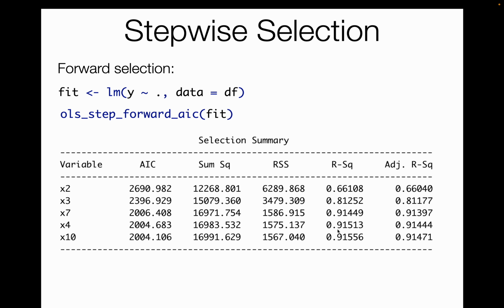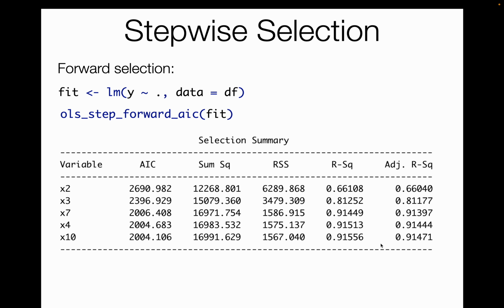So what does that look like? Here's forward, and it'll show you which variables it added. You can see in the output here, it added 2, then 3, then 7, then 4, then 10. Based on something like adjusted R squared, or really all of the values, you see AIC decreasing by a lot in the first couple, so 2690 down to 2390, down to 2006, 2004, and then added 2010.